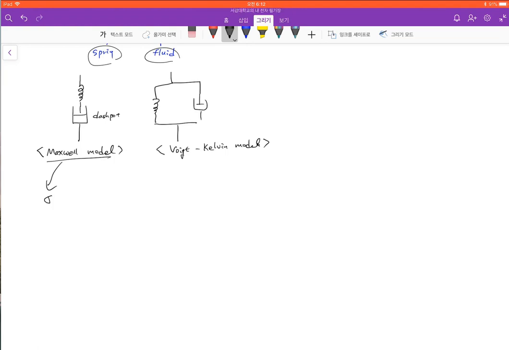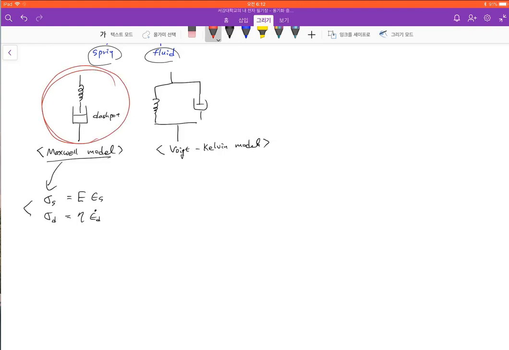There are two different stresses. If you divide the stress into elastic behavior and fluid behavior, the stress of a spring would follow this equation, and the stress of the dashpot would be viscosity times this.